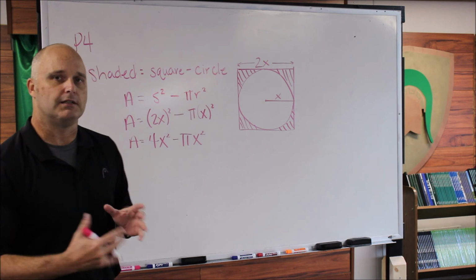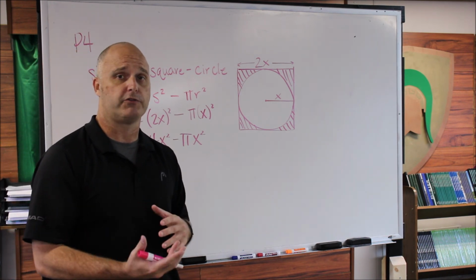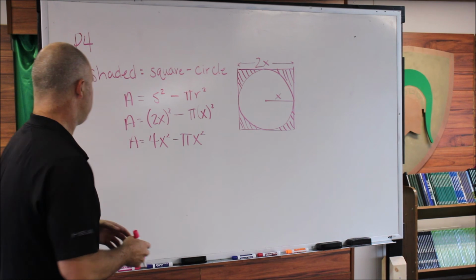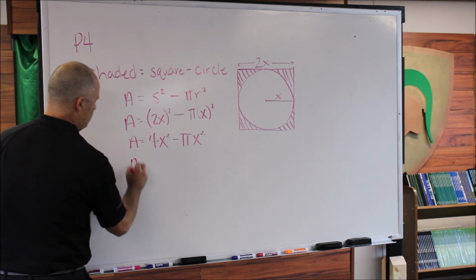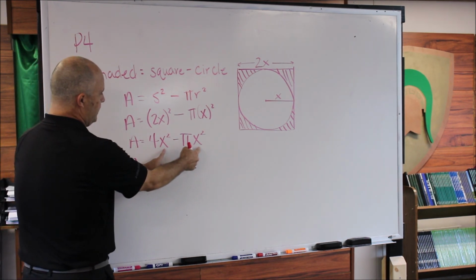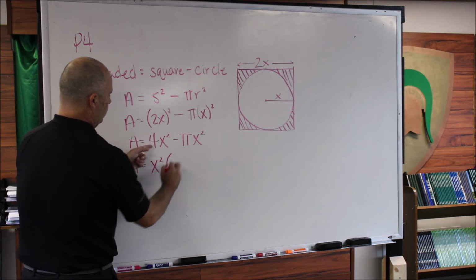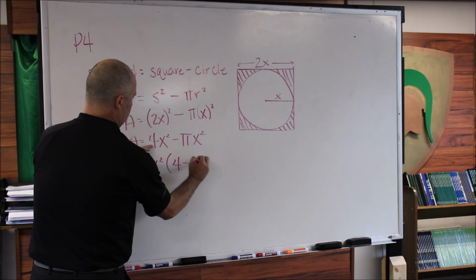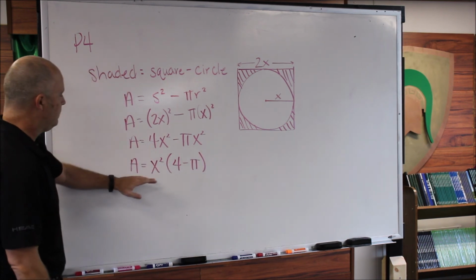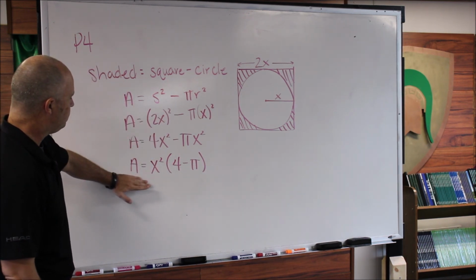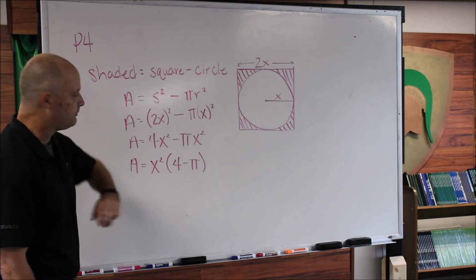So we can actually take the GCF from both of those terms and get a simpler answer. And so the answer is going to end up being A equals, we can take x squared out of both terms, and so we're left with 4 minus pi. So the solution is the area of the shaded region is A equals x squared times 4 minus pi.